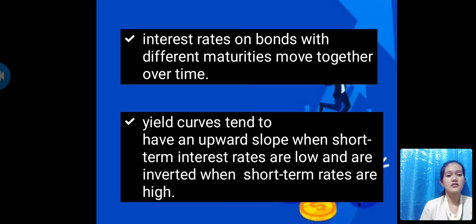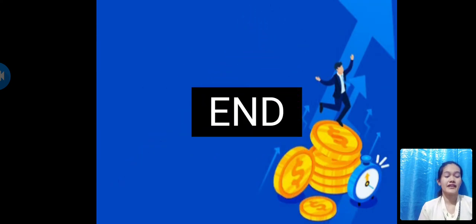A rise in short-term rates will also raise long-term rates, causing short and long-term rates to move together. The expectations theory also explains that yield curves tend to have an upward slope when short-term interest rates are low, and are inverted when short-term rates are high. So that would be all.